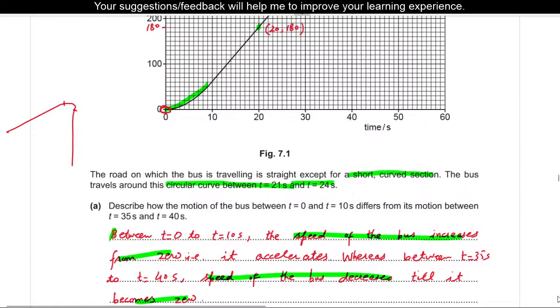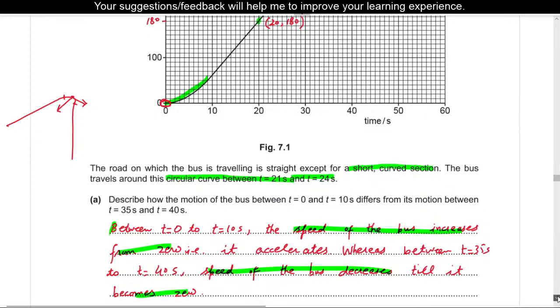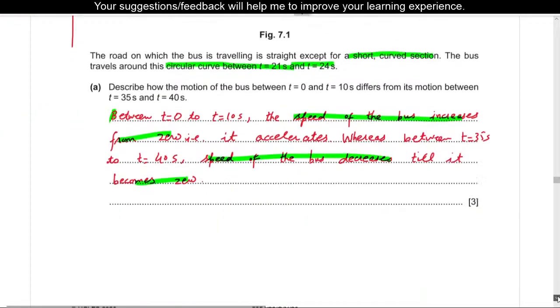In circular motion, which you have studied, there is a resultant force whose direction is towards the center of the circle. So its direction will be towards the center, and we can also say that its direction will be perpendicular to the direction of motion, because at this point its direction is this way, so it will be perpendicular to the direction of motion. So from here we can write the answer.